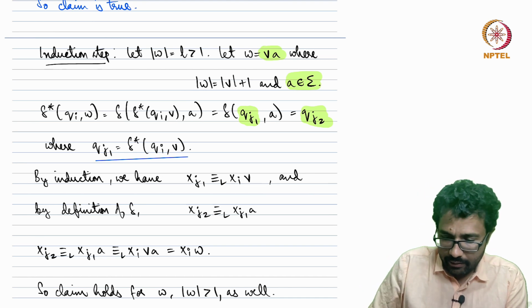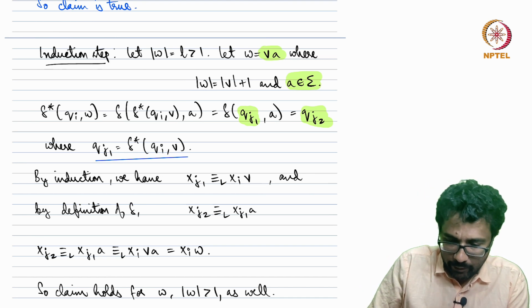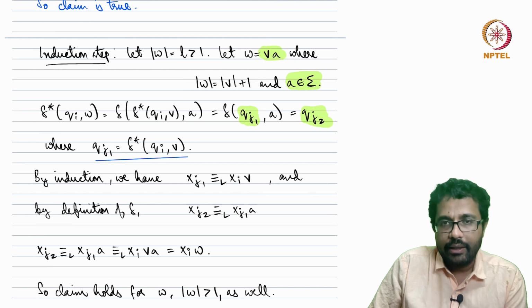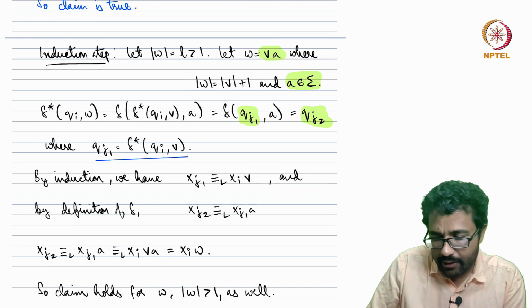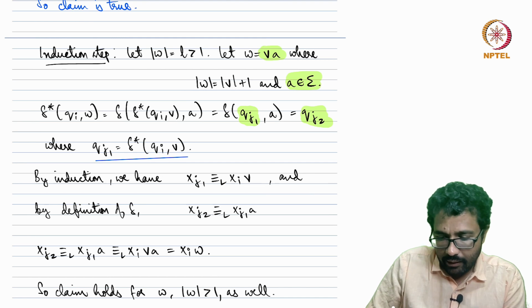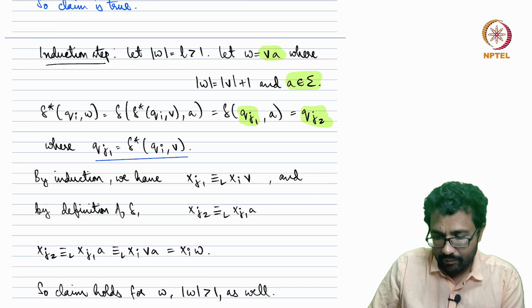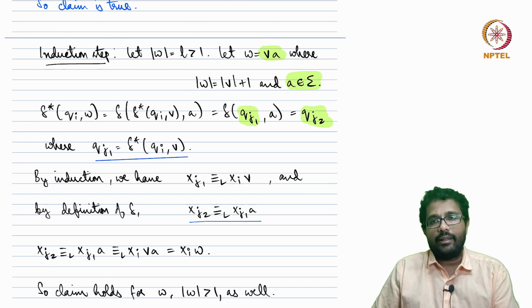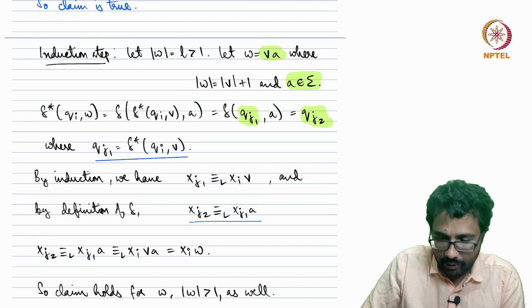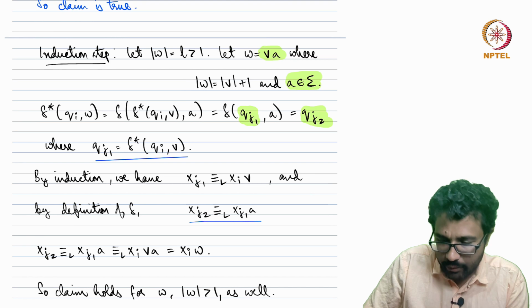By induction, Qj1 is delta star of Qi v, so it follows that Xj1 is equivalent to Xi v. And by definition of delta we have Xj2 is equivalent to Xj1 a, because delta of Qj1 a is Qj2.